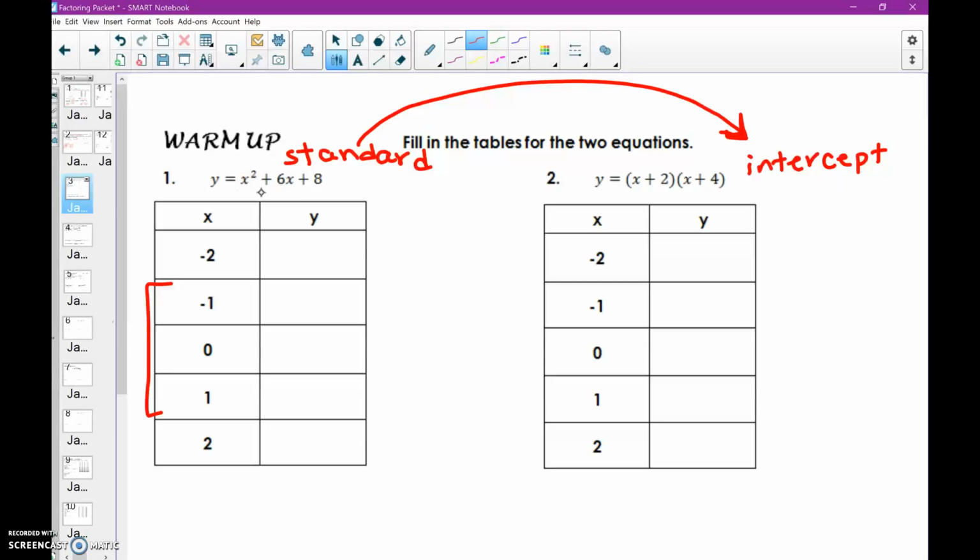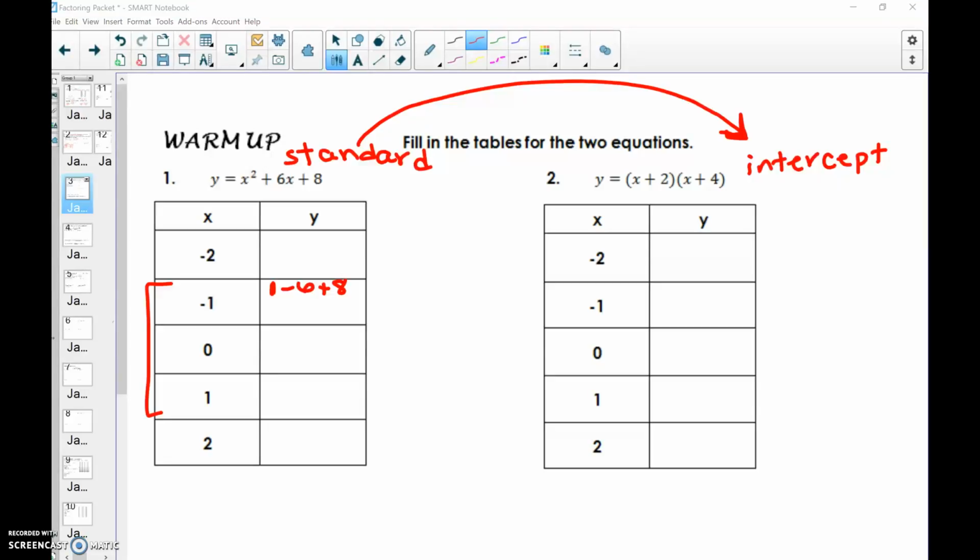Same thing here. Even though this equation has a different setup, and it's standard versus intercept, I should get the same number. So if I plug -1 into here, well, -1 squared is -1 times -1, which is +1. 6 times -1 is -6, and then +8. Okay, well, 1 minus 6 is -5, plus 8 is 3.